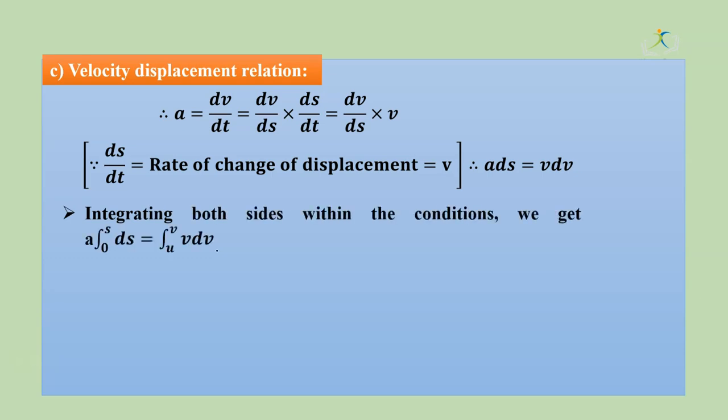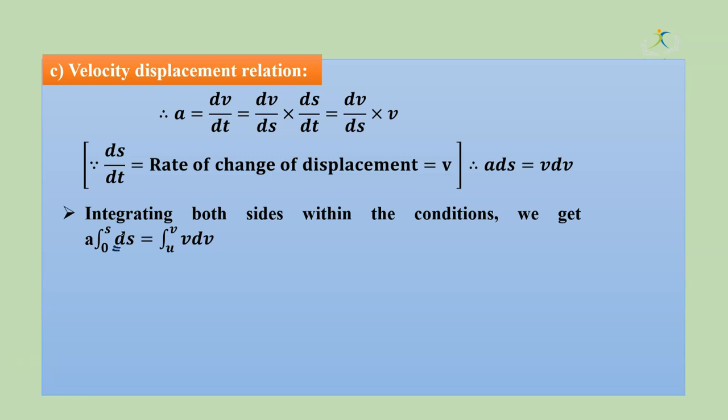So we will get a, because acceleration is constant in this relation, integral from 0 to s of ds, and velocity is a variable. How do we recognize, students, if you are facing problems recognizing which term is a constant and which is a variable?